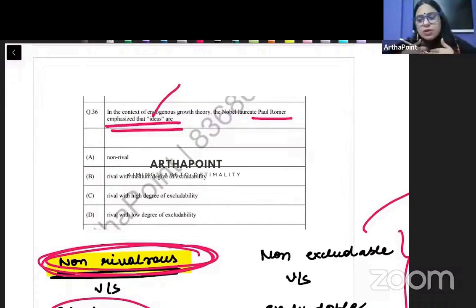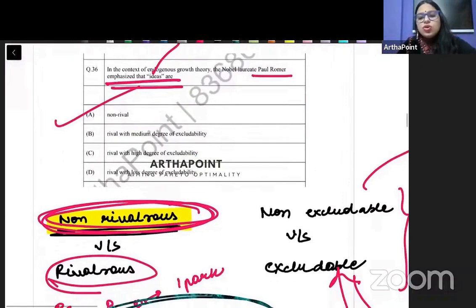This information is available to me also. This information is available to you also. मेरे उस information को use करने से does it reduce that for you? No. It is available for all of us. I can use it, and same information is available to you also, to him also, to her also, and so on and so forth. So it is non-rivalrous in nature. So answer to the question is non-rivalrous, right?